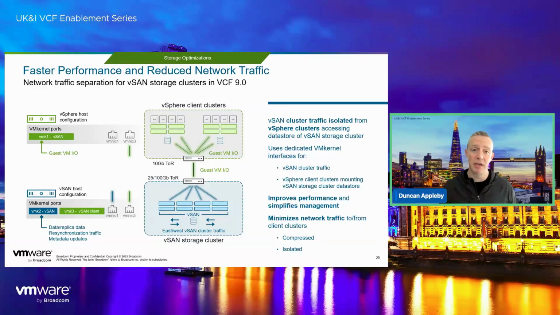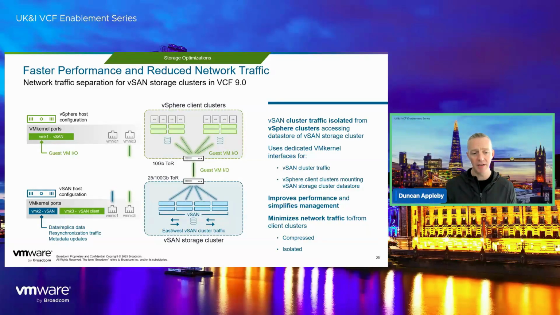One of them that's talked about in one of those posts is network traffic separation for vSAN storage clusters. What this diagram is seeking to show at the top half is that our client clusters can actually sit on a separate network or have a different VMkernel port for our vSAN storage cluster. We're effectively creating front end and back end traffic for vSAN.